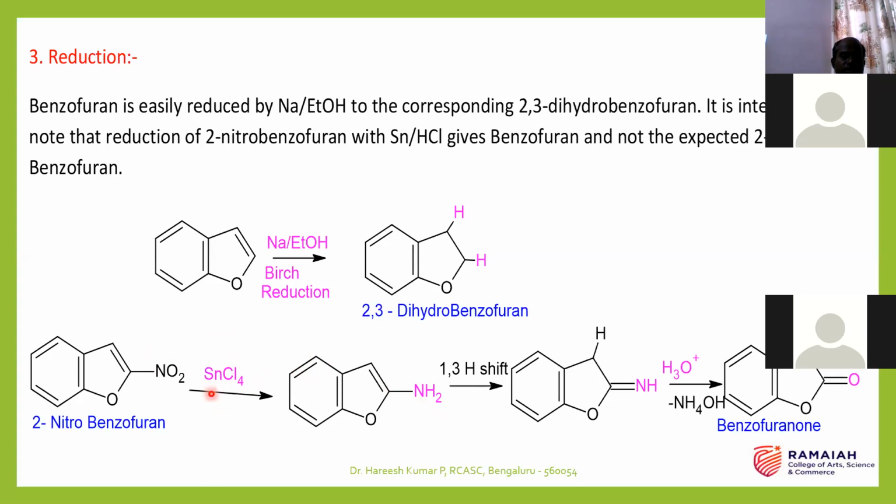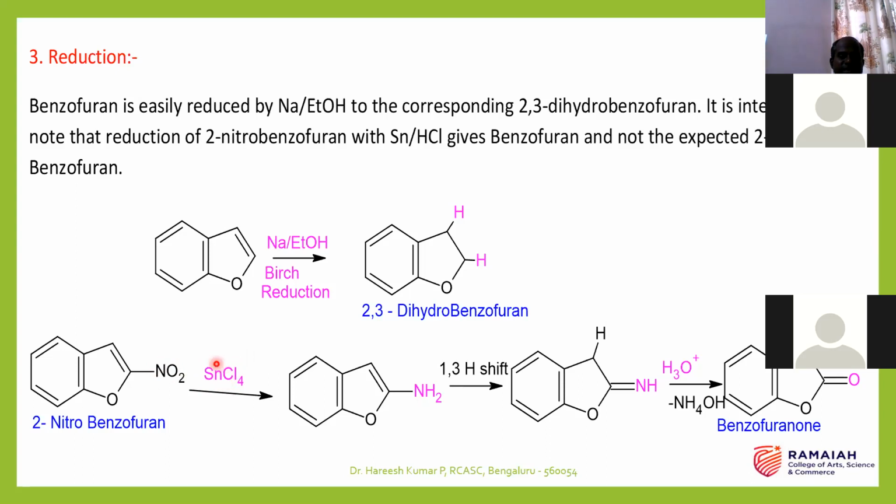proton. Usually stannous chloride means it is nothing but tin in HCl. Sn is nothing but tin. Tin will give electrons, and after giving electrons, tin gets converted into stannic. So this stannous chloride is the leaving group.